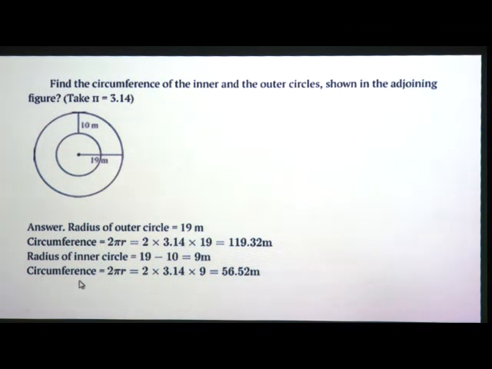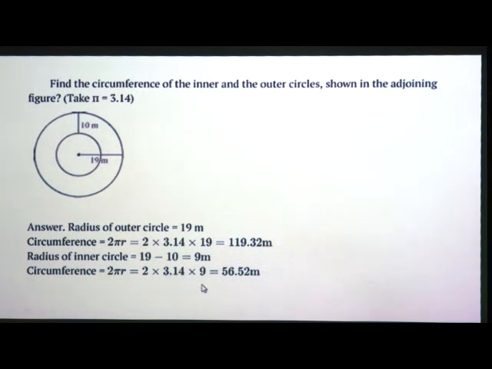So, the circumference of the inner circle is equal to 2 pi r, which is 2 multiplied by pi, given as 3.14, multiplied by the radius we have found as 9 meter. So, we multiply by 9. After the multiplication, 9 twos are 18, you can multiply 3.14 by 18.